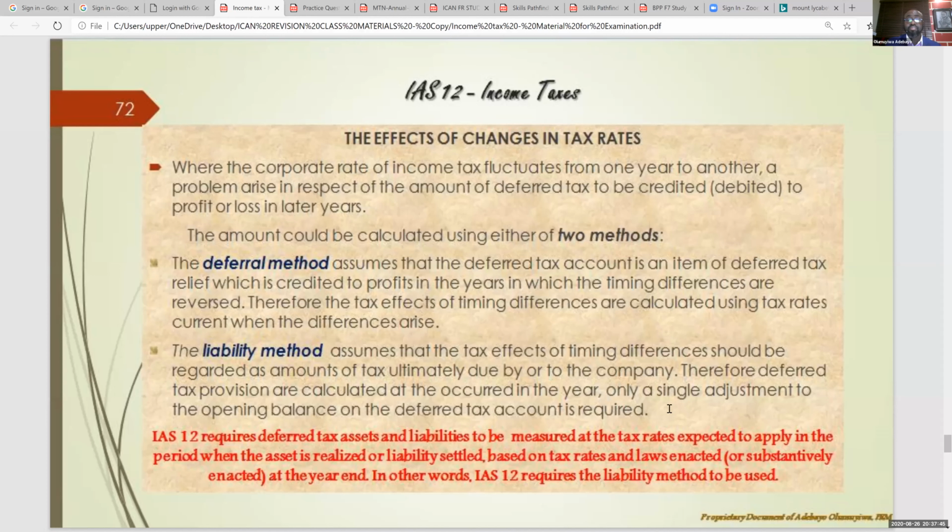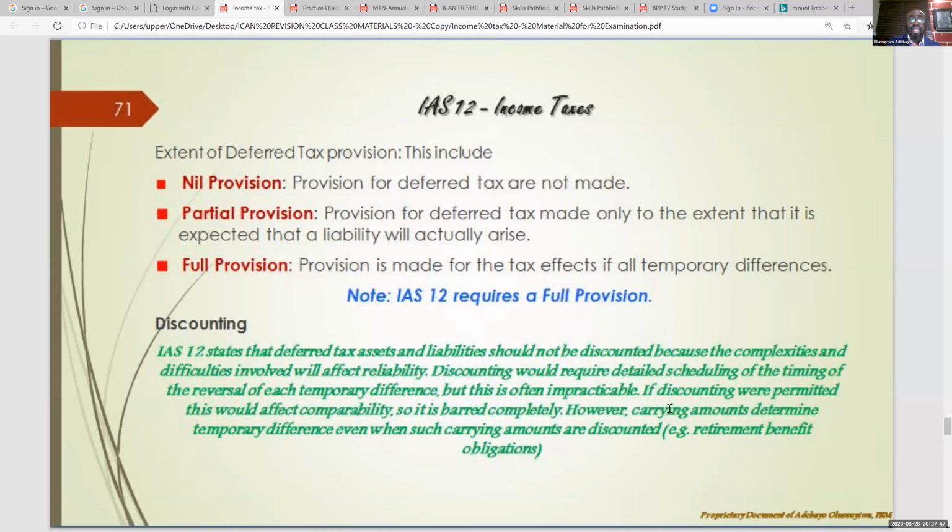Now, you all understand that because of the effect of time value of money in accounting and also in finance, discounting principles are applied at every instance where you have to recognize future values of an item and we need to obtain what the value is today.